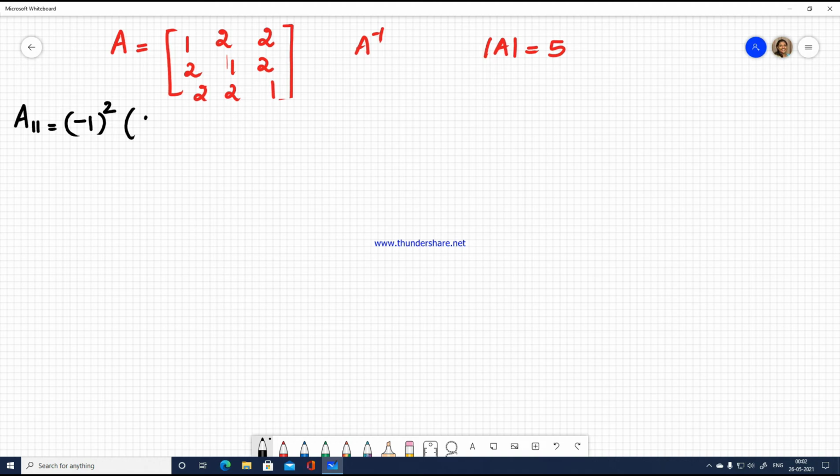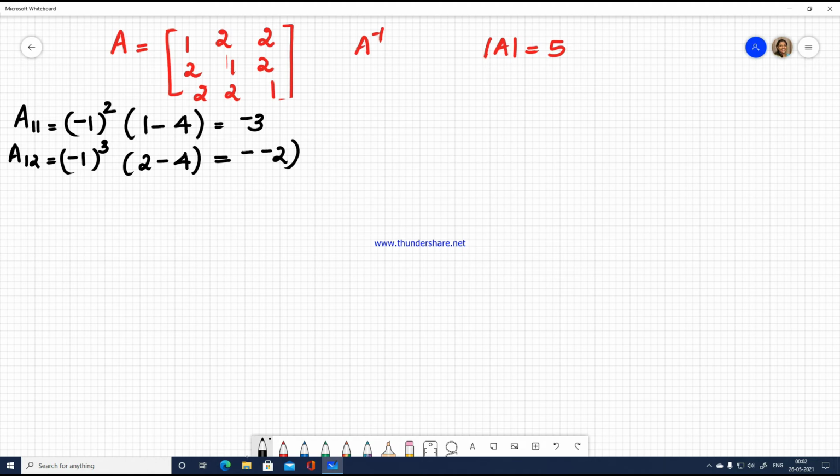Then 1 minus 4, that is equal to minus 3. Okay. A12 is equal to minus 1 raised to 1 plus 2, that is 3. Then you cover this particular column and the row, you will get 2 minus 4, that is minus 2. Minus of minus 2, that will give you the answer 2.